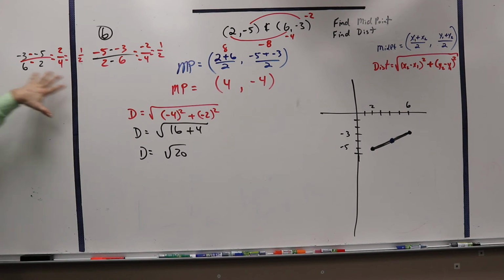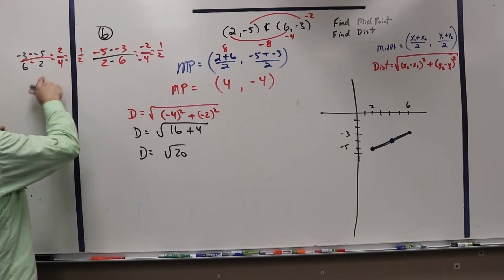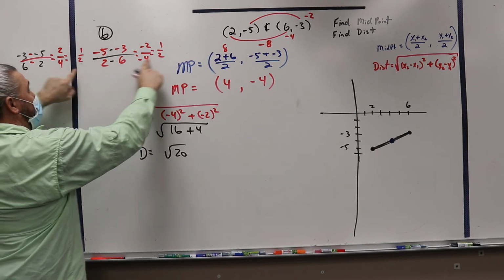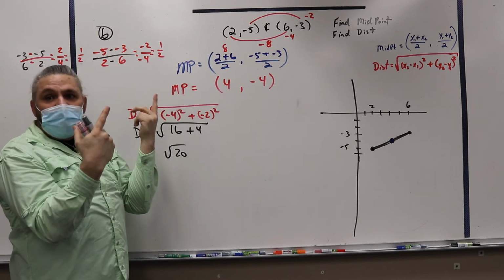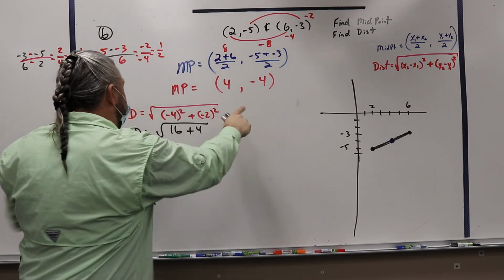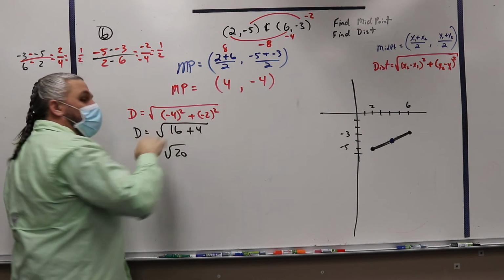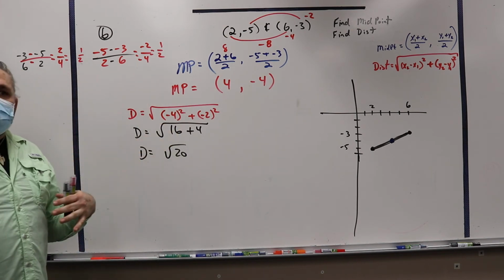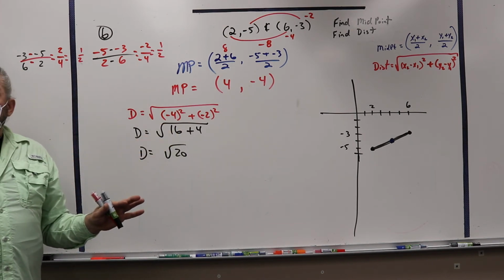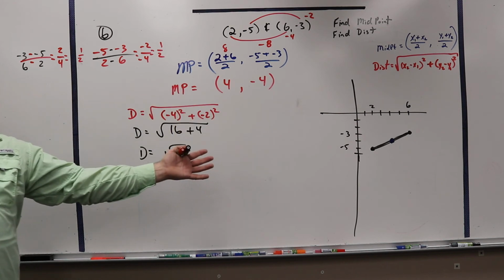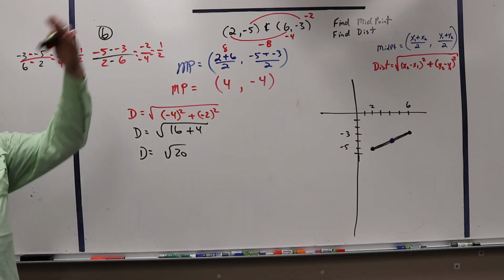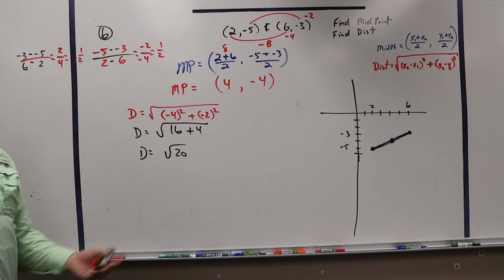I don't care in what order I put them in. If I do it correctly, they still come out to be 1/2 as a slope. In this case, they're still going to be either 4 or negative 4, and when we square it, it doesn't matter anyway. When you square a negative, it becomes positive.